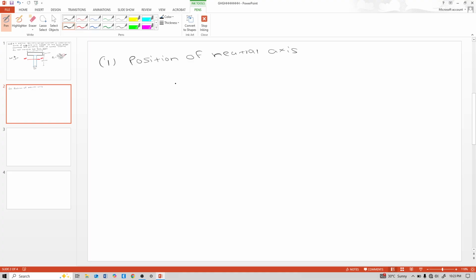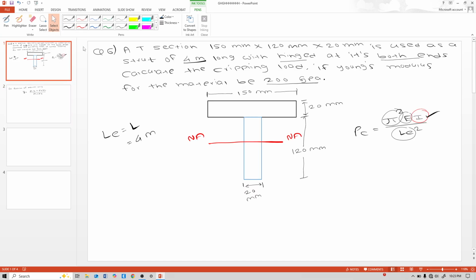The neutral axis is denoted as y bar, and the formula is a1 y1 plus a2 y2 upon a1 plus a2. What is this 1 2? 1 2, that means this.